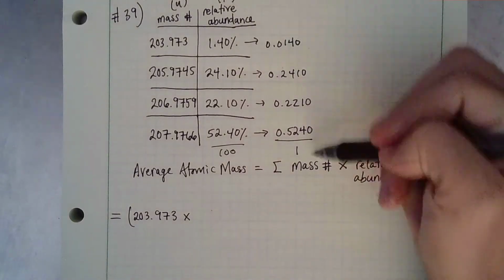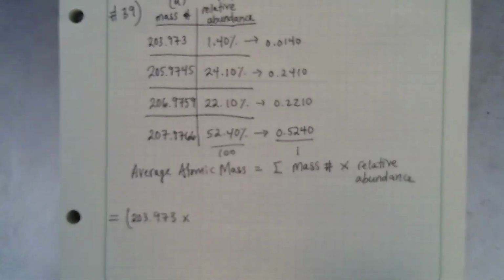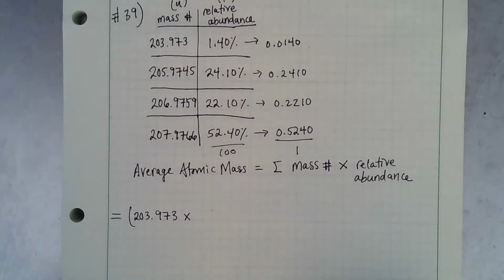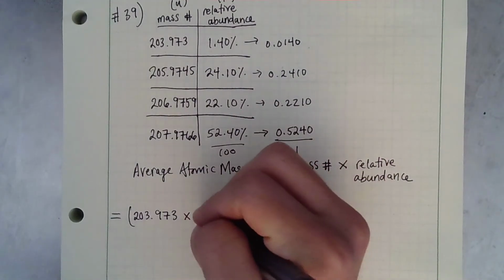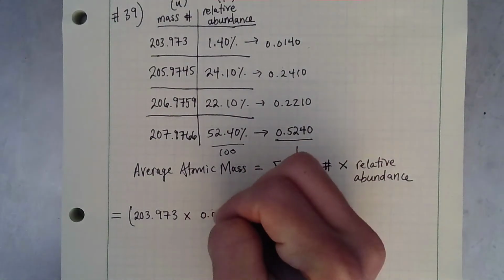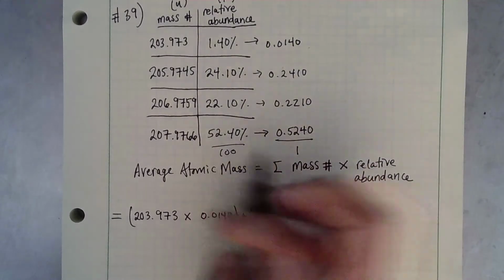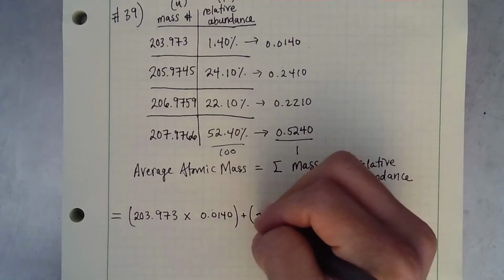If you want to go back and check to make sure that those add up to the number 1, then you can go ahead and do that, but they do. So let me go ahead and use these numbers. All right, 0.0140. I'm going to add together the same part here for the second row.